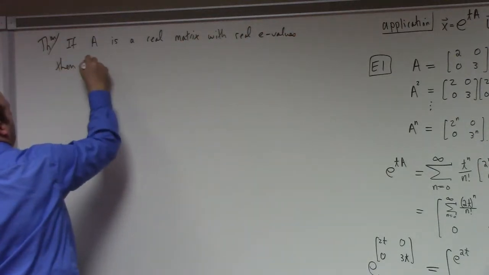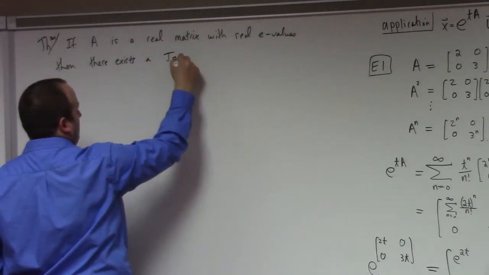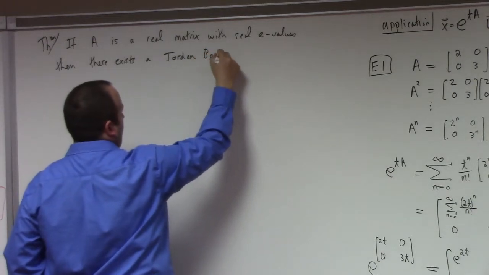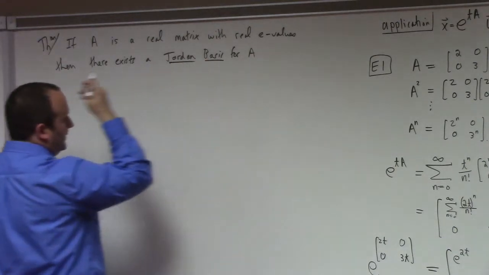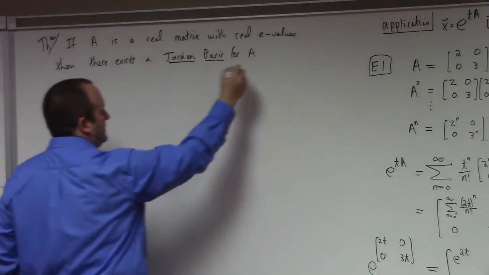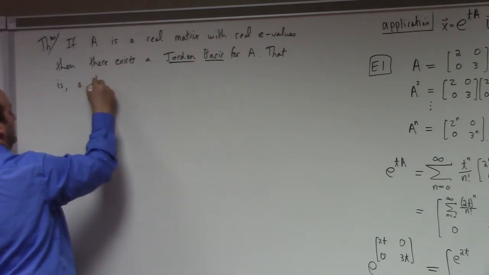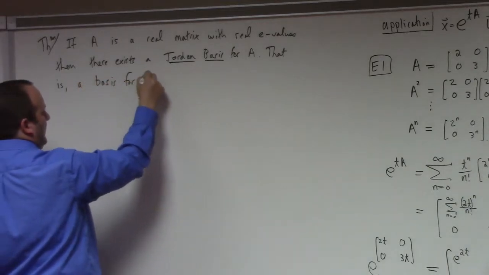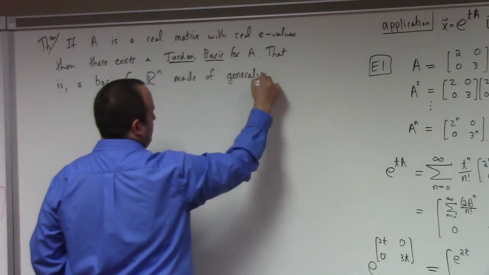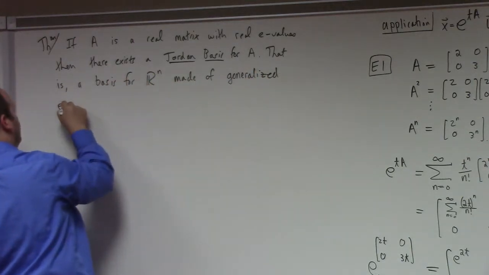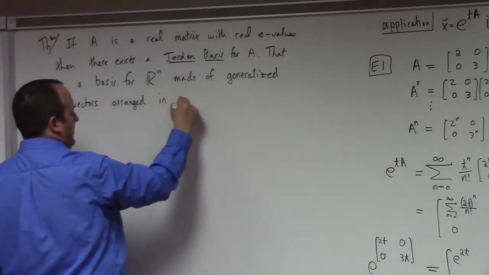Then there exists a Jordan basis for A. And a Jordan basis for A is basically a basis for R^n made of generalized eigenvectors arranged in chains.